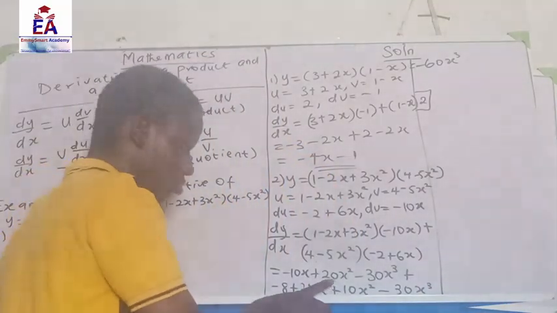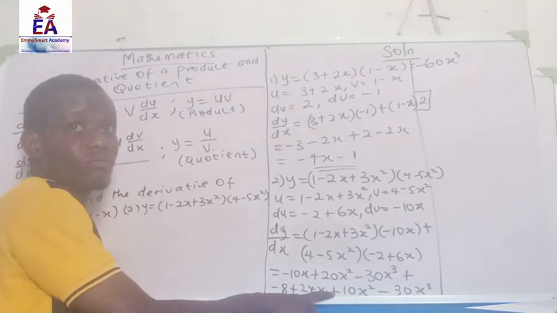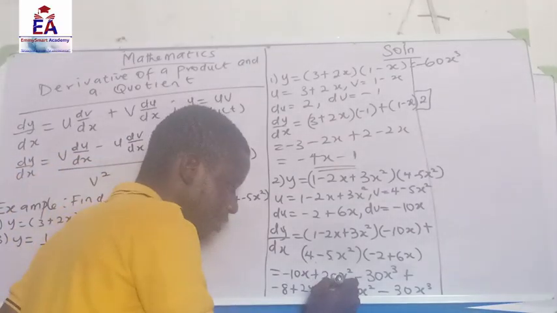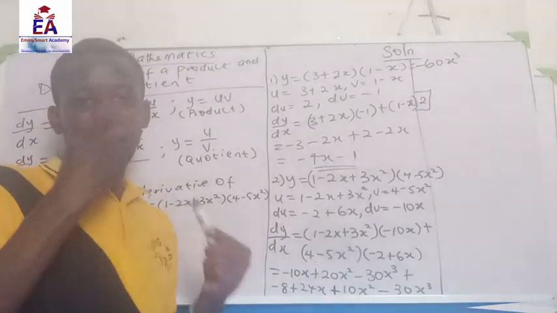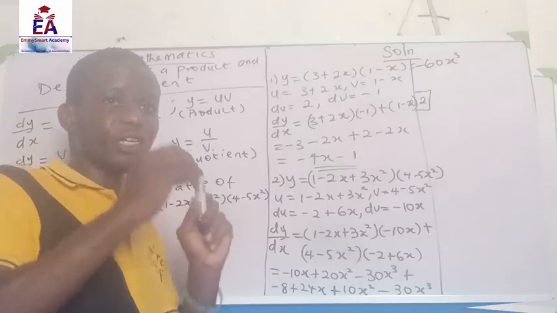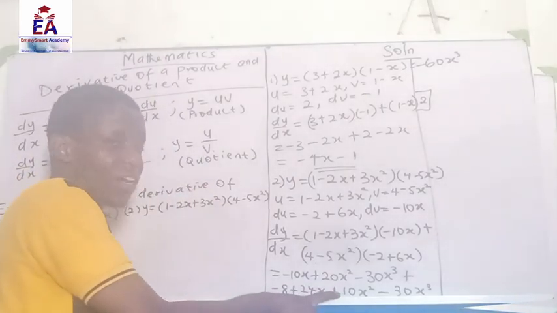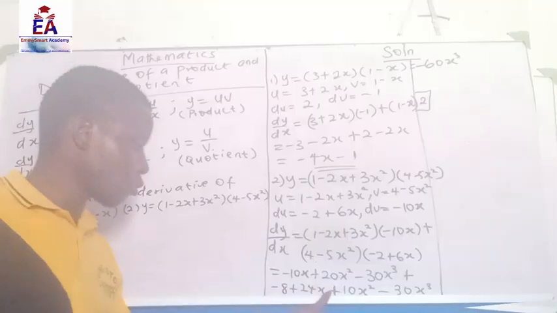And the next thing is x to the power 2: 20x squared. Always take note that the sign before a number you're putting it together with is the operation about to be carried out.